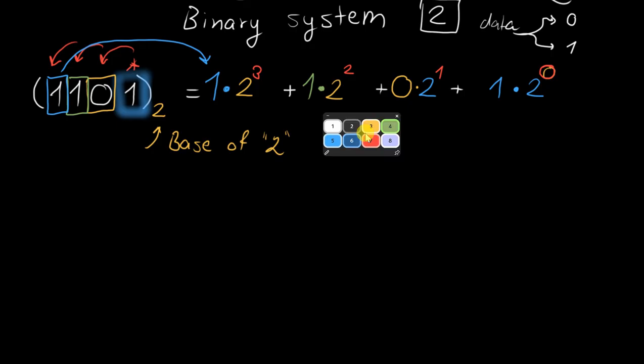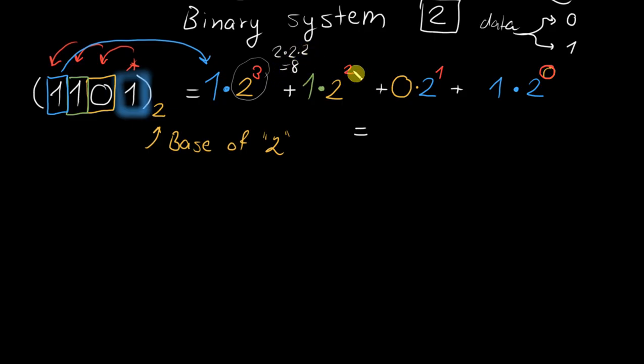Now what is the result? This is the same as 2 times 2 times 2, which is 8. This is the same as 2 times 2, which is 4. This is the same as simply 2, and anything to the power of 0 is 1.